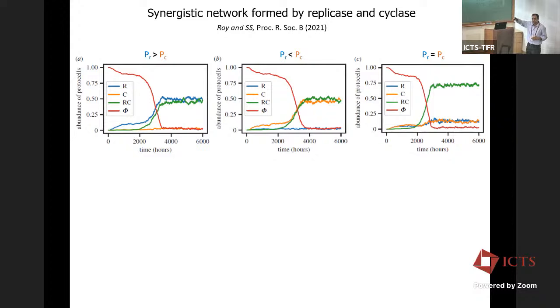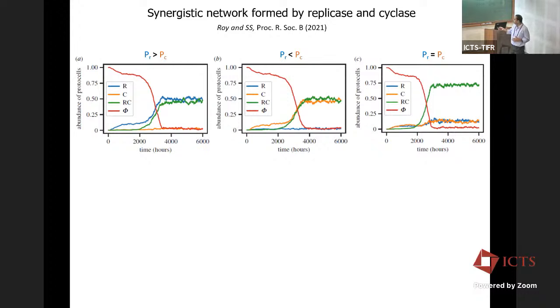So selection, so the fitter protocell variant would be one where there would be a large number of RNA strands compared to a variant which has a smaller number of RNA strands, which would be less fit. So number of RNA strands would be a measure of fitness in this situation.